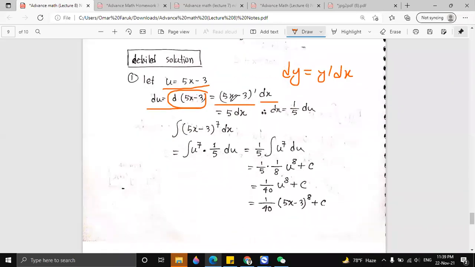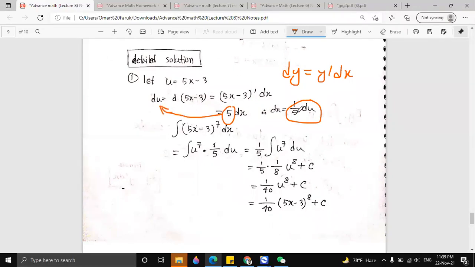So now the derivative of 5x minus 3 will be 5, and if you just take this 5 to the other side, it will be du by 5, right? Guys, do you remember the same thing from before? Yeah. Just take this 5 down here.